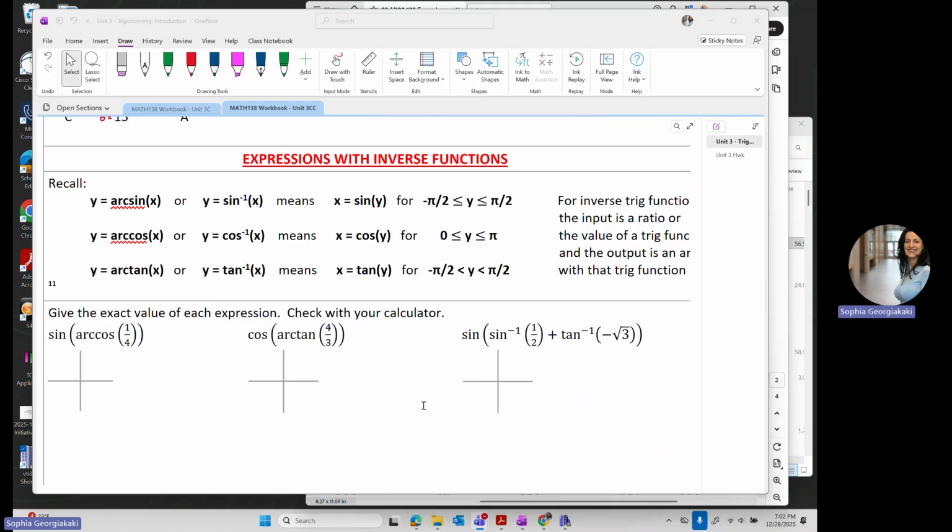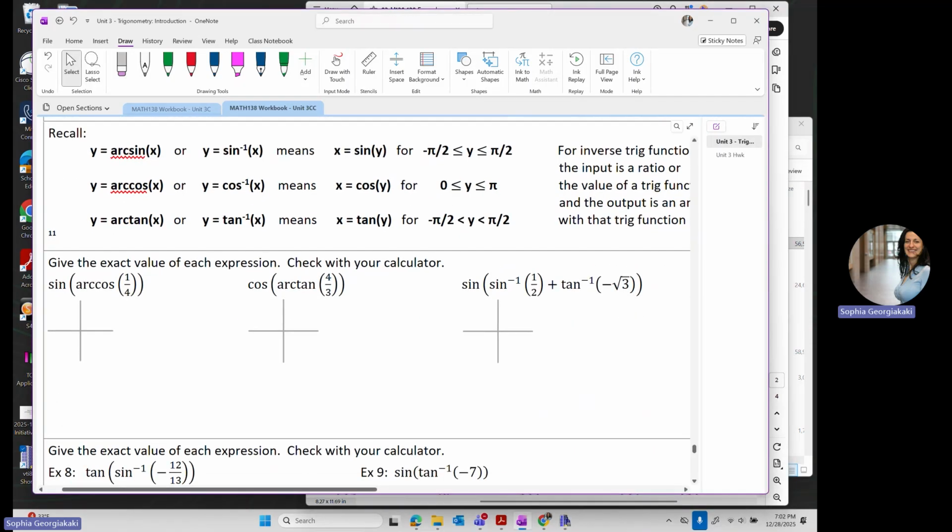So we just have to keep in mind what the range of each of these functions is, so that when we answer questions, we answer with the correct angle that has this particular trigonometric function as a value.